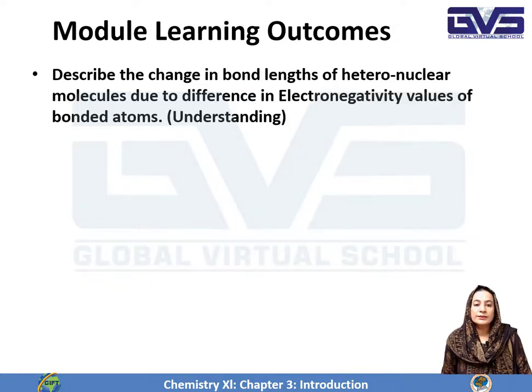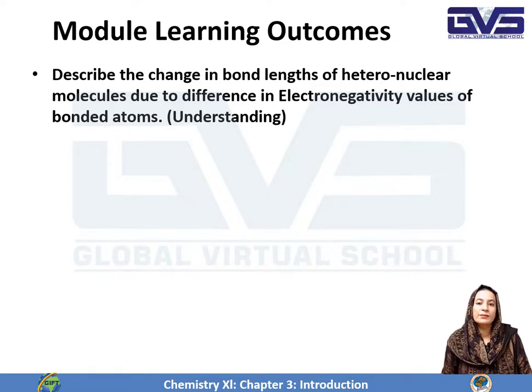And you will be able to describe the change in bond length of hetero-nuclear molecules, molecules that are formed with atoms of different elements, like HCl. In HCl the two atoms are different, hydrogen and chlorine, and their bond length changes. You will be able to describe this due to the difference in electronegativity values of the bonded atoms.